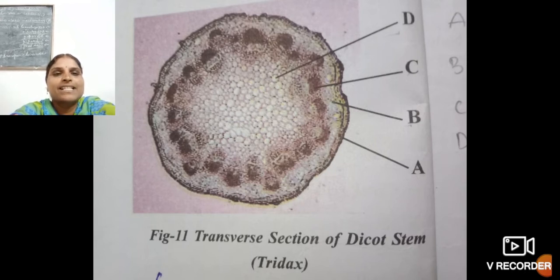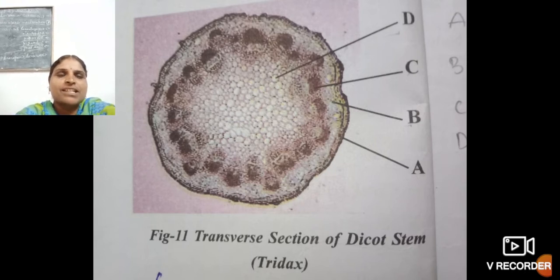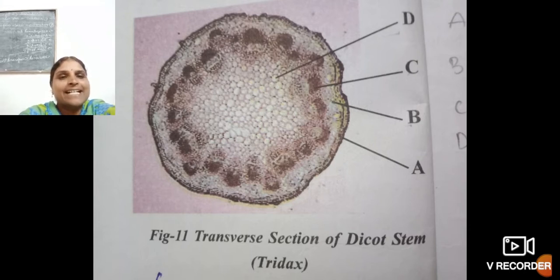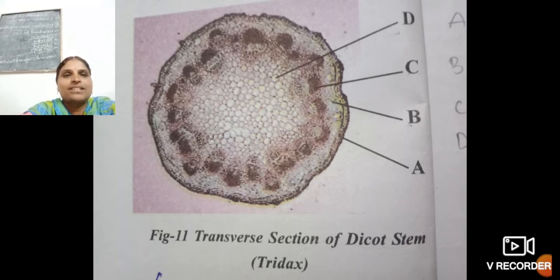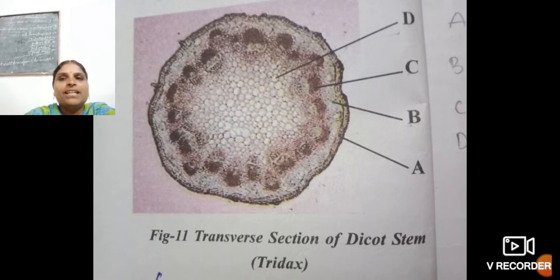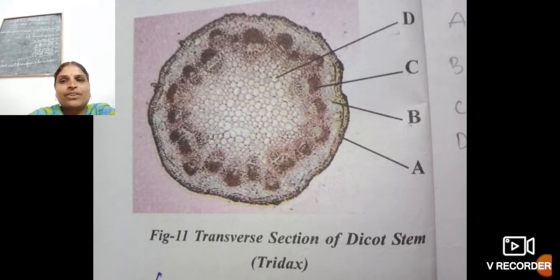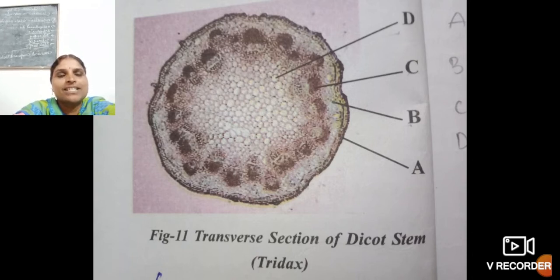This is an example, tridax, the gaddi chamanti. The scientific name of gaddi chamanti is tridax. Here the cells are present, some are A, B, C, D. What is A, what is B, what is C, what is D?